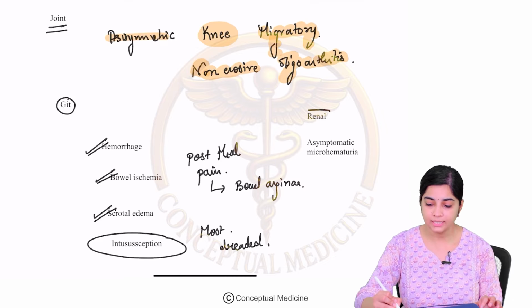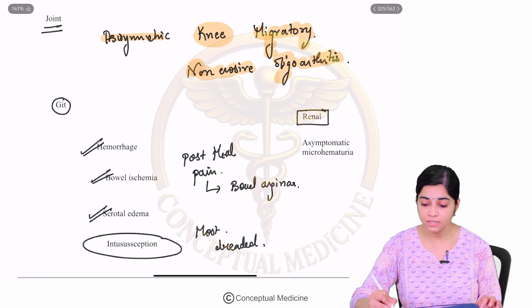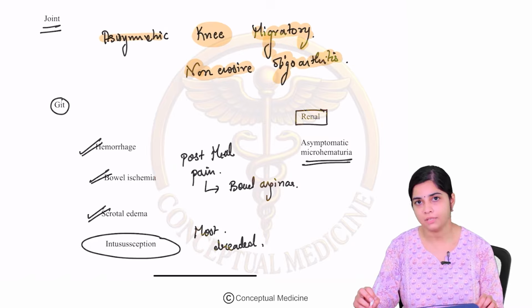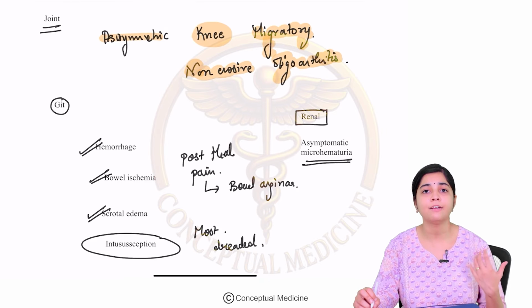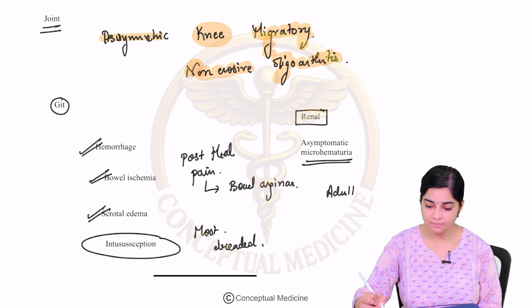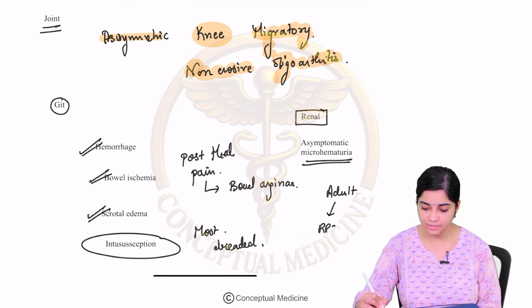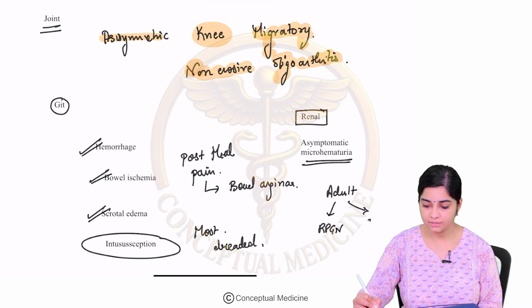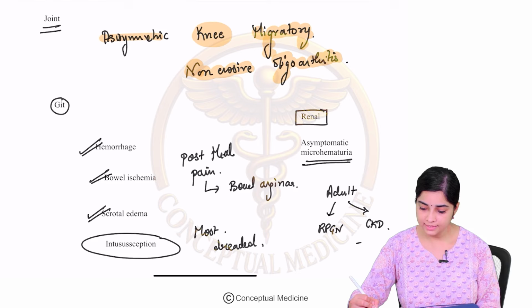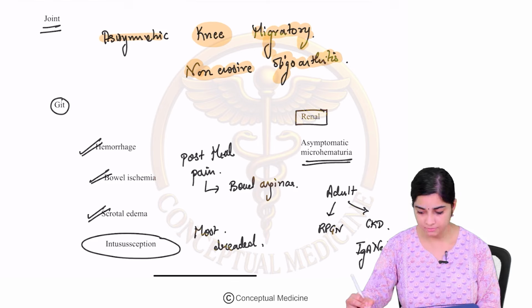As far as the renal manifestations are concerned, in children you have asymptomatic macro or micro hematuria. In adults you can have macro hematuria as well. But in adults, sometimes you can have an RPGN kind of picture, and in many others it can progress to chronic kidney disease. Mainly it can convert into an IgA nephropathy.